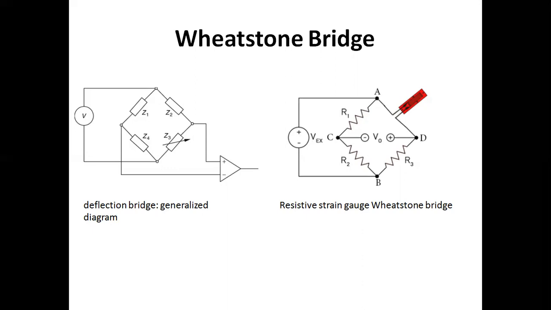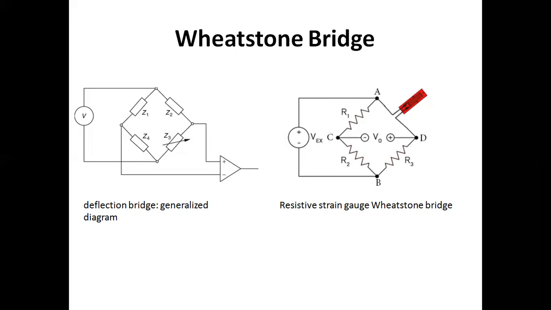Now, in the second diagram, we have a resistive Wheatstone bridge where you have 3 fixed resistors, and the 4th resistor is our sensor, which is actually what? A strain gauge. That's a strain gauge.